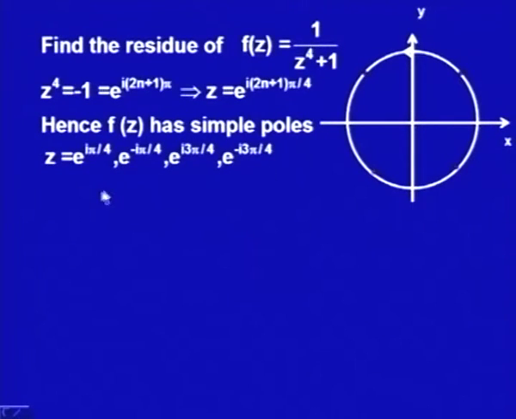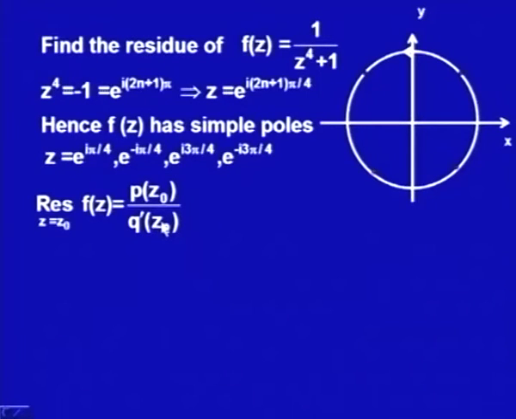Now, when we use this Cauchy principal value formula, we want the residue only at the 2 poles, e to the power i pi by 4 and e to the power i 3 pi by 4. Again we use the formula that the residue at z equal to z naught is p(z naught) upon q dash z naught. Because here p(z) is a constant, we do not need to evaluate p at different values of z naught.